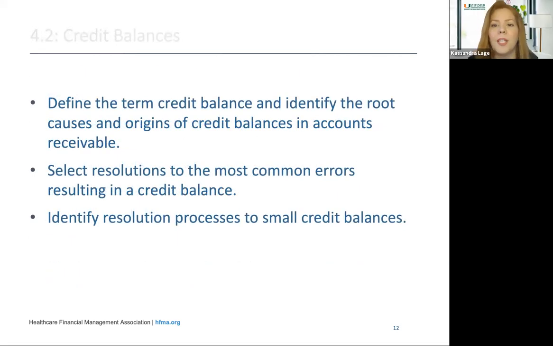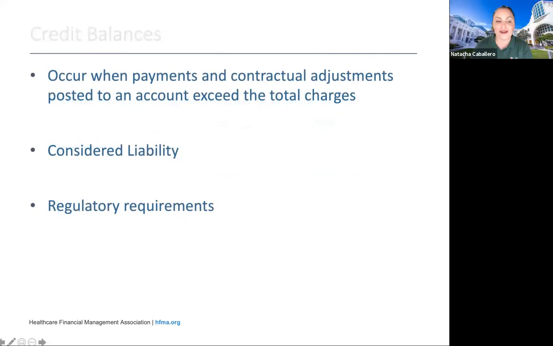And that wraps up section 4.1 and brings us to 4.2, credit balances. In this section, we will address credit balances, why it's important to identify them, and how to resolve them. Account receivable accounts have credit balances when the payment and contractual adjustment posted to an account exceed the total charges.